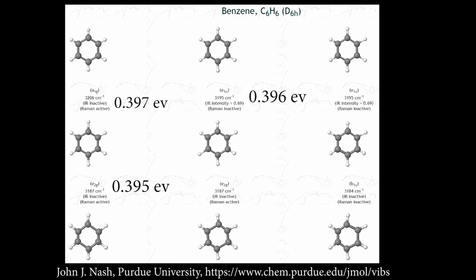So the energy to jump electrons between molecular orbitals is much bigger than these little vibrational energies. And so these happen in the range of infrared energy, which is much lower than visible or UV energy.